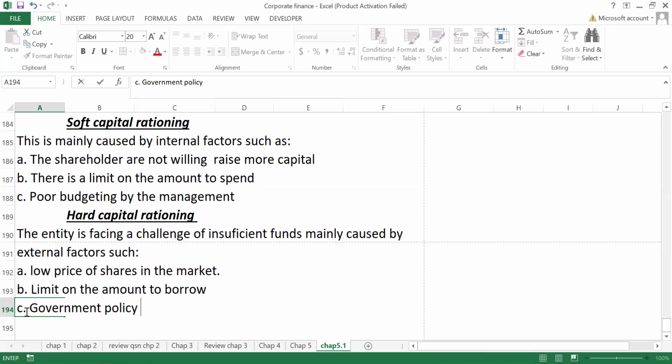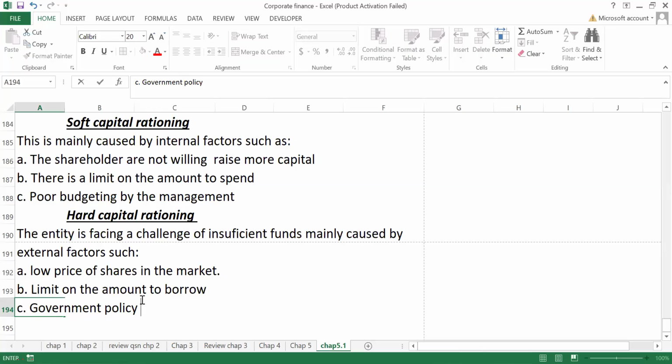Now, the key question is, if we are facing these challenges, how can we make an investment decision when we are having capital rationing?